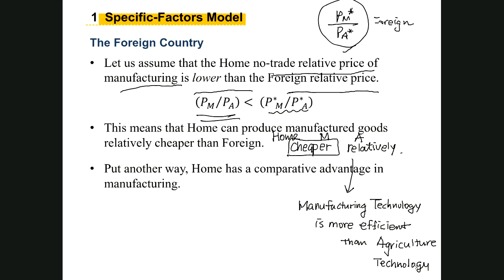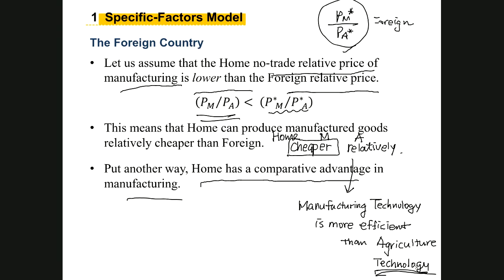So you see, we look at it from the relative price, but this actually links back to the Ricardian model. After all, technology still plays a part. So our old friend is coming back: home has a comparative advantage in manufacturing, and that means home has a comparative disadvantage in agriculture.